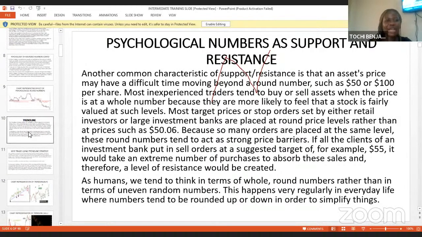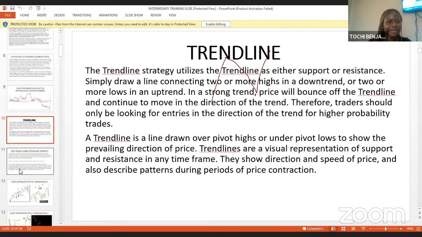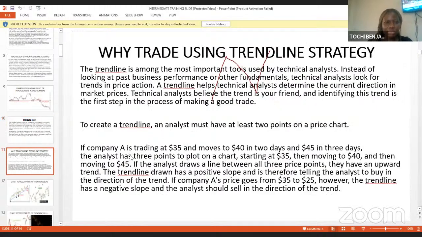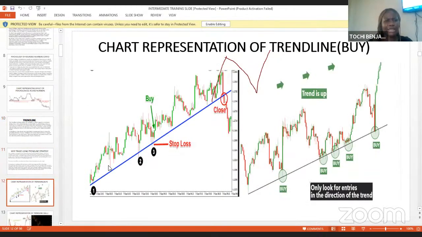So every other strategy we'll be teaching, this is trend line strategy, which we will also teach you. Now instead of drawing here as your horizontal support, in this case the market has identified a trend, which means the market is moving up or moving down.